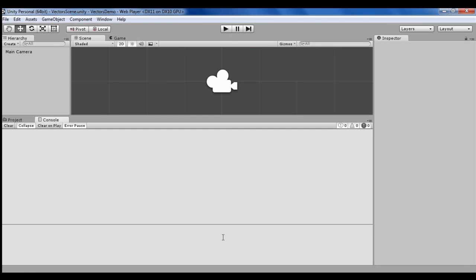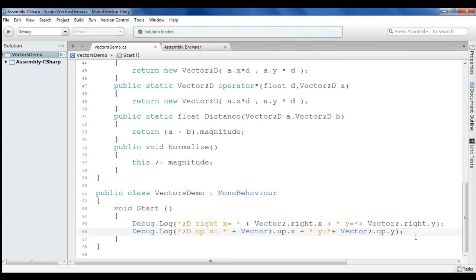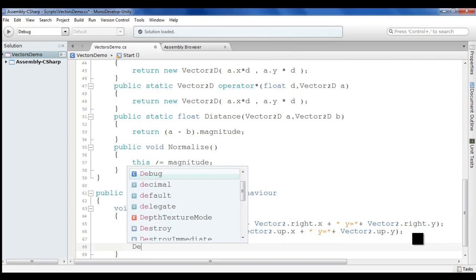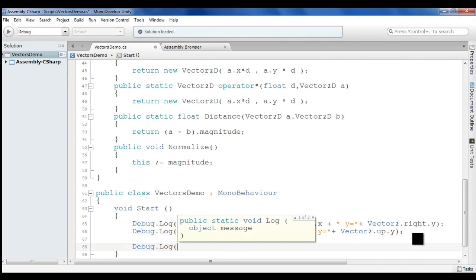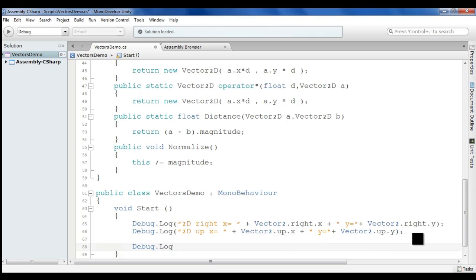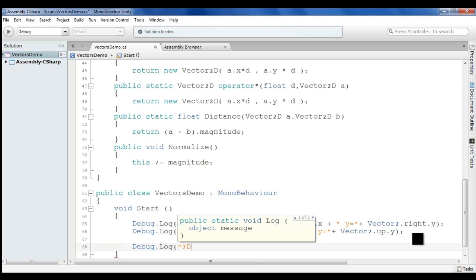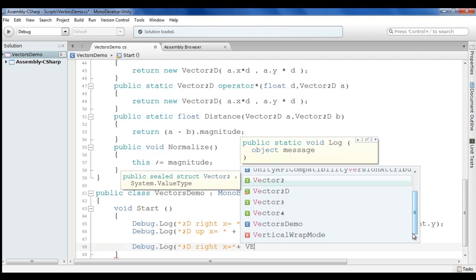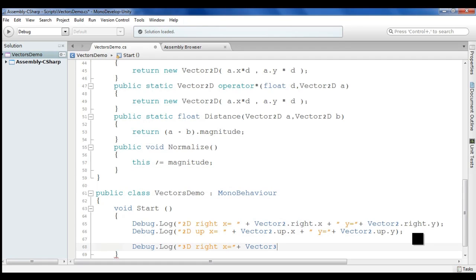It's very simple. And even we can display the 3D vectors. So I can say Debug.Log. Here I can say in double quotation "3D RIGHT right vector x = " plus Vector3. You should use Vector3.right.x.